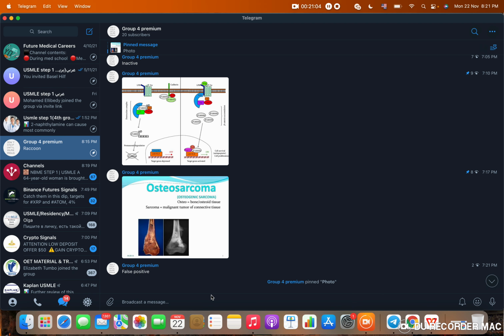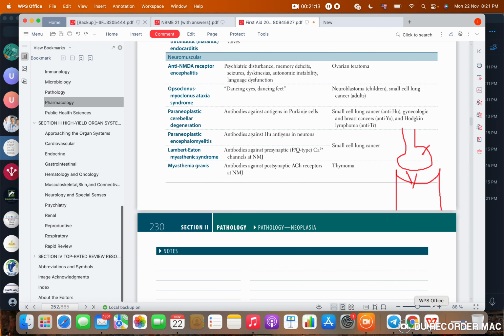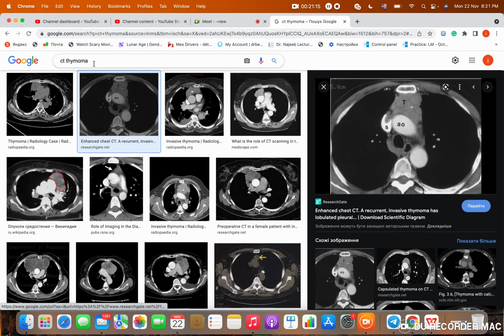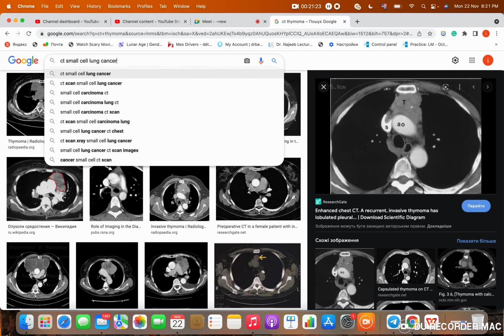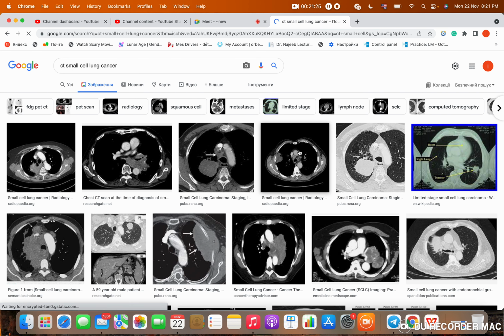Be careful, because they can show you something like this. They can show you a small cell lung cancer.